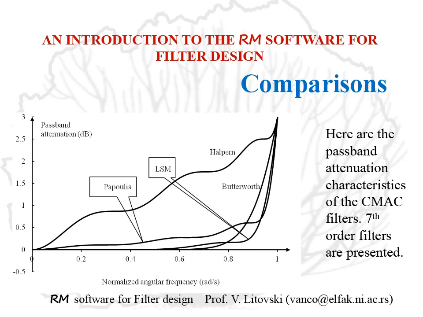The Papoulis filters are a kind of transition between the Hoppin and LSM, and Butterworth filters are some specific solution which is acceptable only from the simplicity point of view.